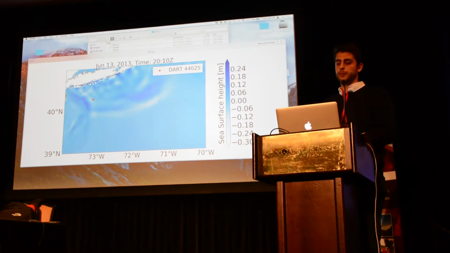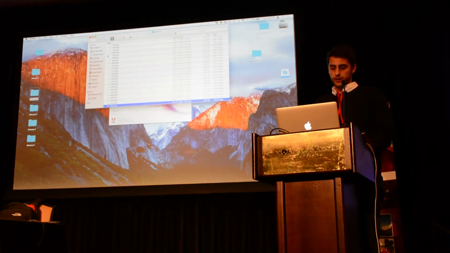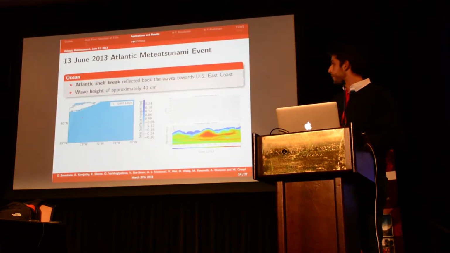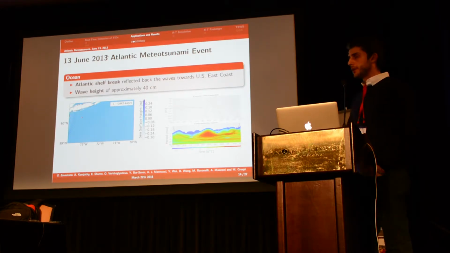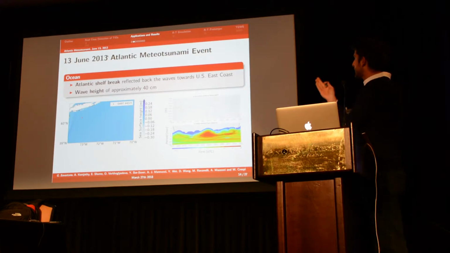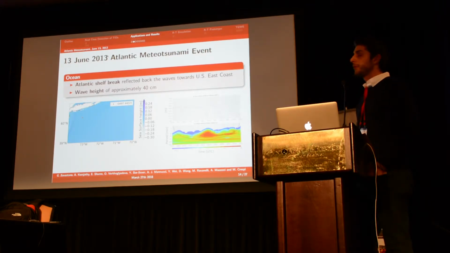So we extracted from this 2D model a point located here, and this is the time series that we see. First the wave driven by the weather system comes, then the wave is reflected. So we see this reflected wave amplified in amplitude. This is the wavelet analysis, the frequency content of this perturbation.